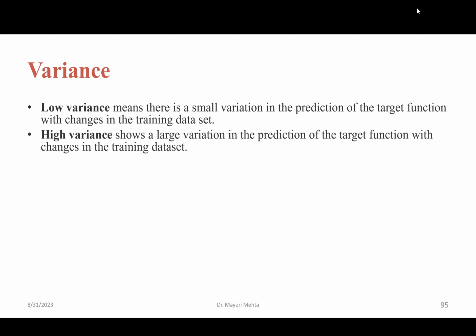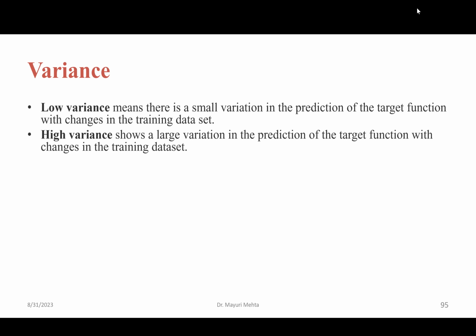So variance errors are either low variance or high variance. Low variance means there is a small variation in the prediction of the target function with changes in the training data set. When you change the data set, the variation in prediction is small, that is low variance.